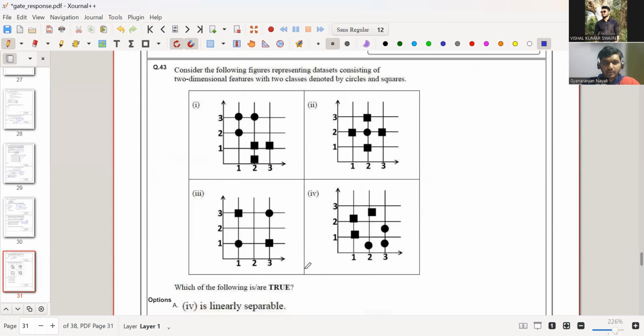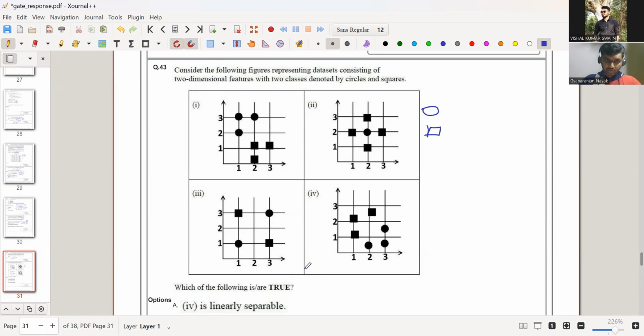Consider the following figure representing a dataset consisting of two-dimensional features with two classes denoted by circle and square. Circle is one class and square is one class. Which of the following is true? Here, we have to find the linear separable line.